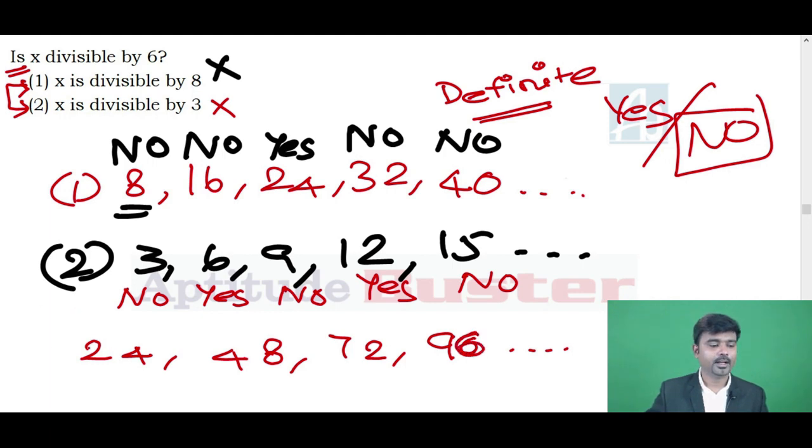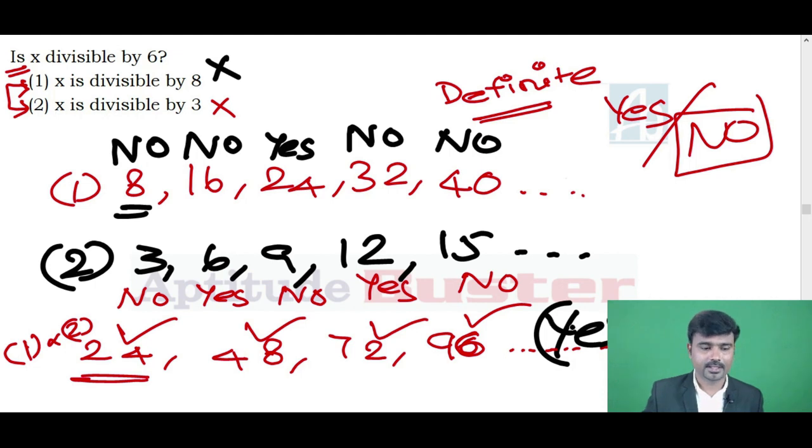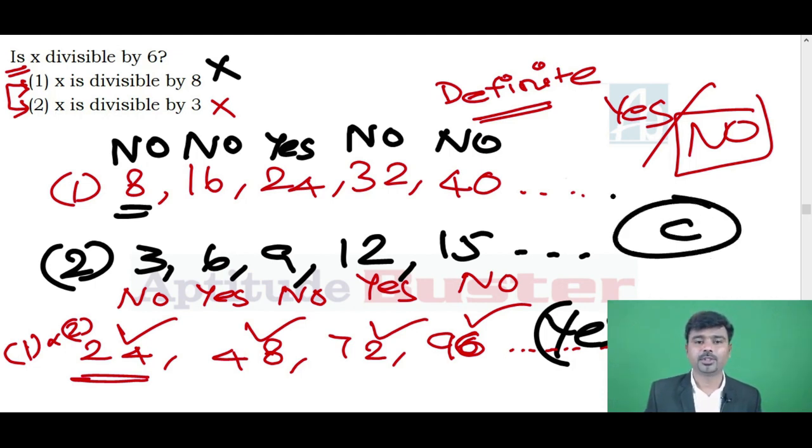Now if we combine statements 1 and 2 together, first value 24: is it divisible by 6? Yes. In all the cases it is divisible by 6, so we can say definite yes. Is x divisible by 6? Yes. Using the two statements together, the answer for this question is C.